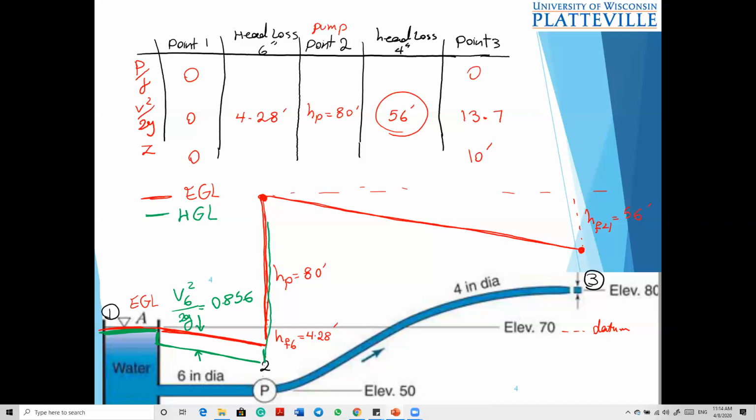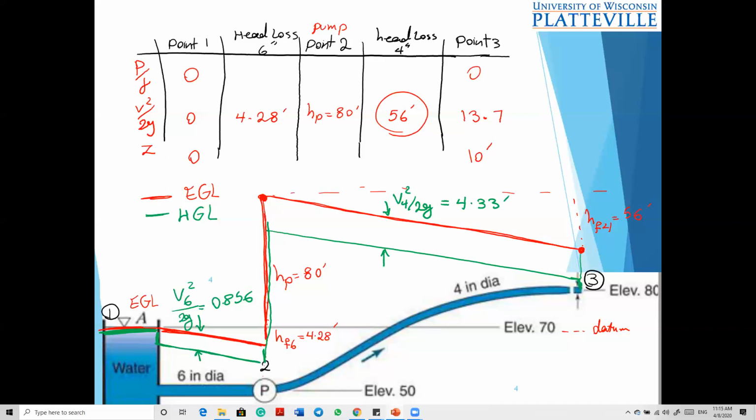Okay, then I get to the pump, I go up, and then I have a drop here. And what is this drop? It's velocity head. It's V4 squared over 2g, which is 4.33 feet. So I get to this point.